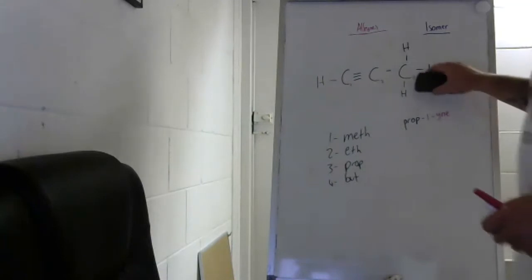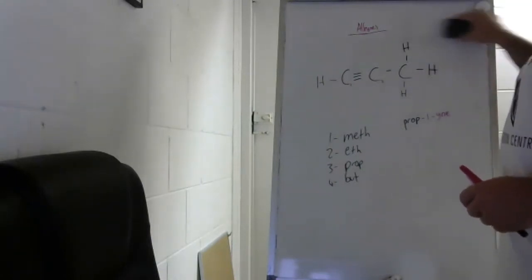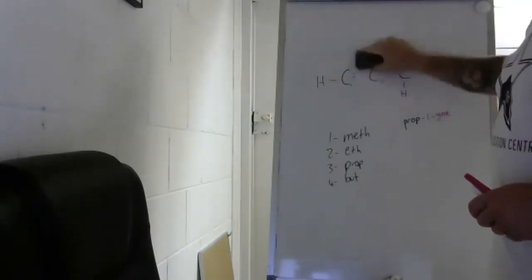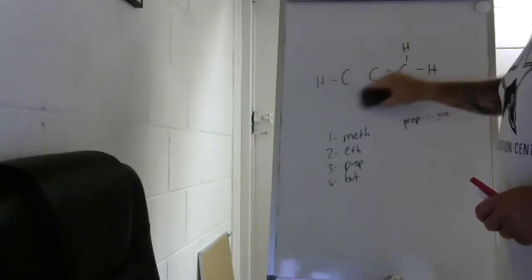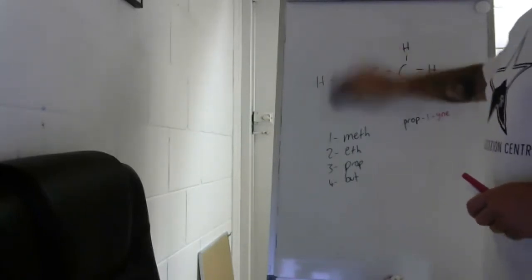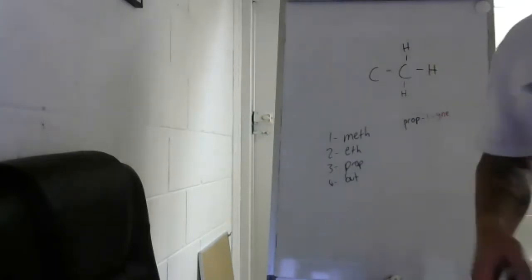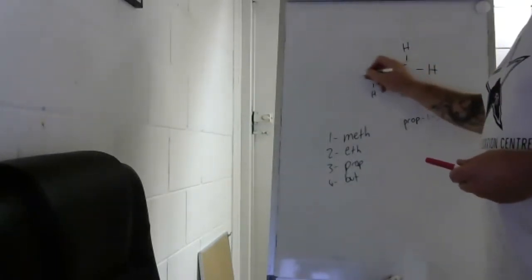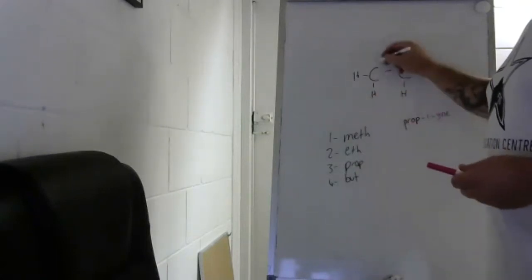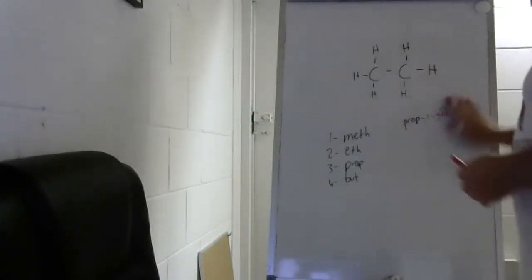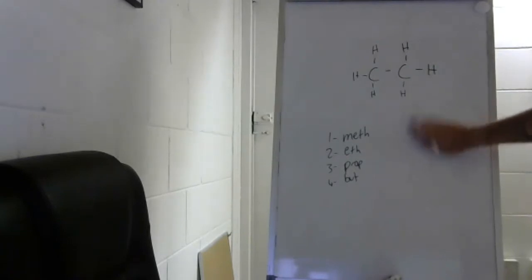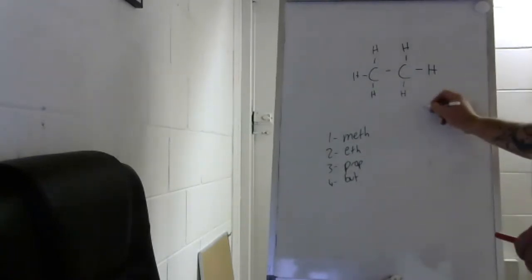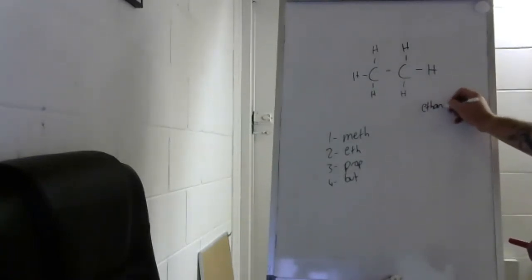Right, so let's go back to, so we have an alkane. Again, I want you guys to get used to using these names. We start with, so our base molecule is ethane.